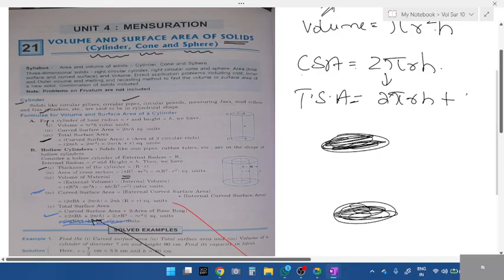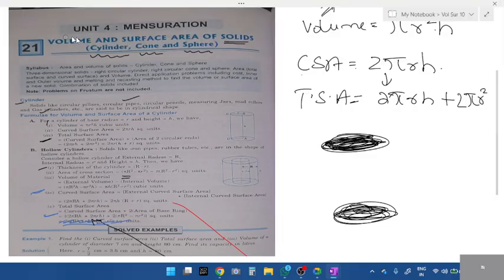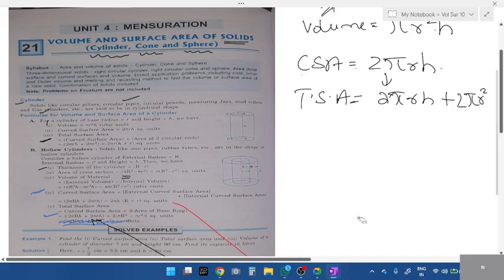For each circle, it is pi r square. We can touch the entire area part. Just because two values are there, 2 pi r square. So 2 pi r h plus 2 pi r square.